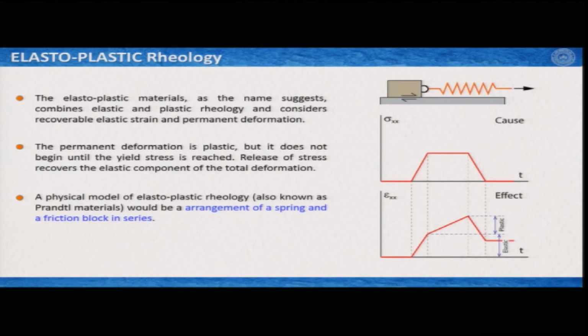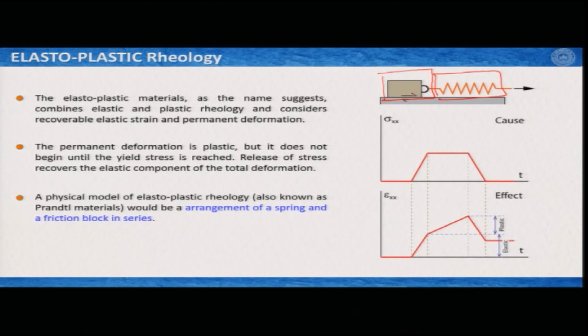Release of stress recovers the elastic component of the total deformation. As a physical model, in a simple way we can see it when we add them in series. Here I have the spring, and then I have the friction block here. If I pull the spring, it slowly expands because of the force I am applying, and the spring also transfers this pulling load to the friction block.